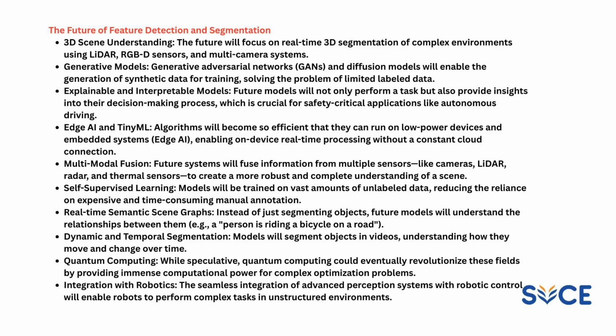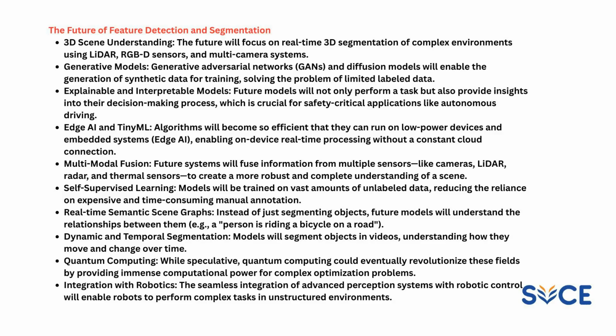This means models will not just segment objects in a single frame, but will understand how they move and change over time in a video. This is essential for tracking objects, analyzing human actions, and making predictions about future events in a scene.